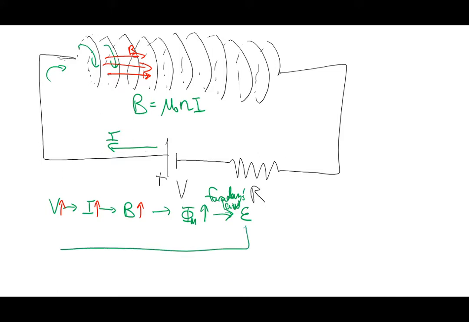Which then, in the end, acts as a voltage to oppose the original voltage that was applied. Lenz's law, right? So by applying Faraday's law, we have negative dΦ_B/dt.